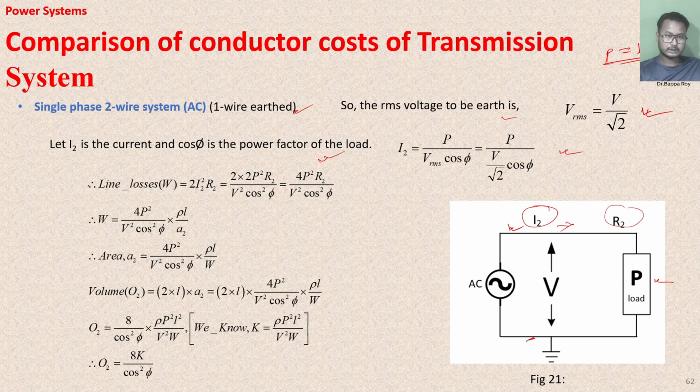So now we'll calculate the line losses, which we denote by W. You can denote it with anything else.